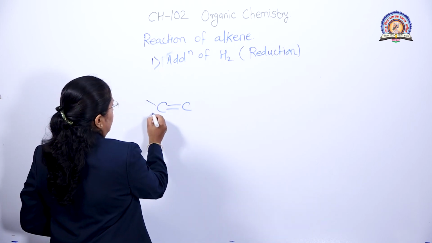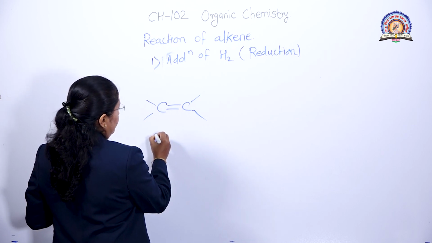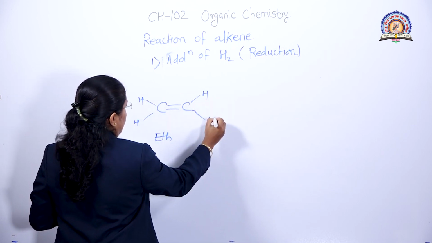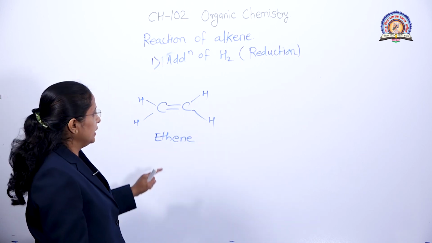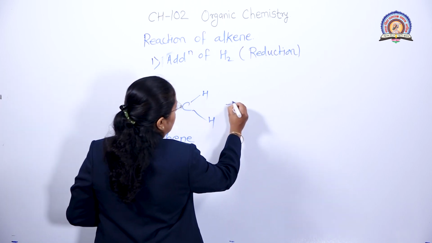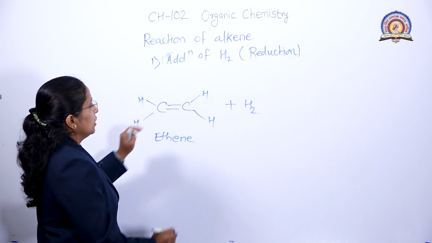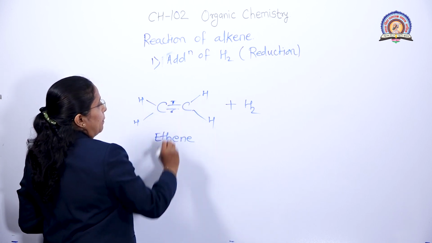This is an alkene, and its name is ethene. ENE is the suffix used for the alkene. When we add H2 into this alkene, what happens? Here two bonds are there: one is a sigma bond and the other is a pi bond.